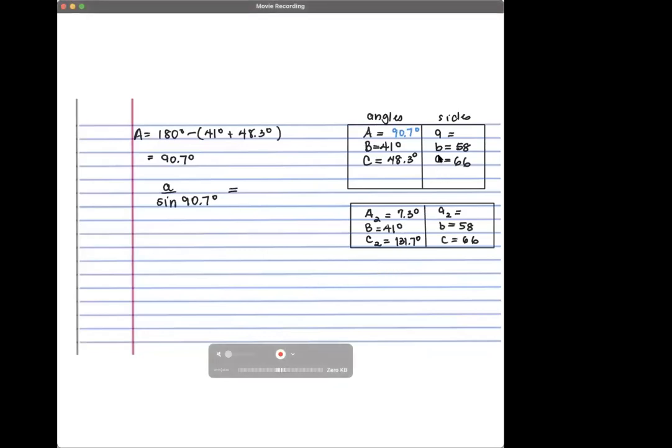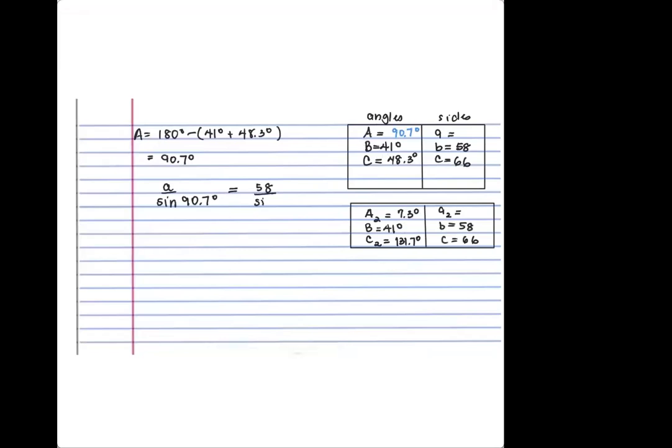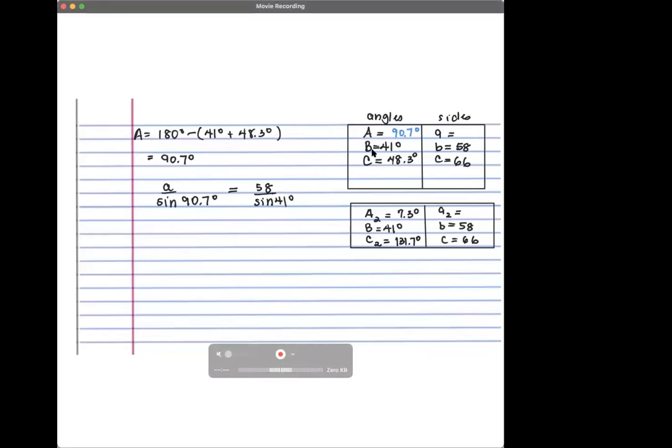So I know that A over the sine of A, which is 90.7 degrees, is equal to B over the sine of 41, so 58 over the sine of 41. I always want to use the original values that were given. Notice that B equal to 41, 58, 66, they're the same in both little boxes, okay?